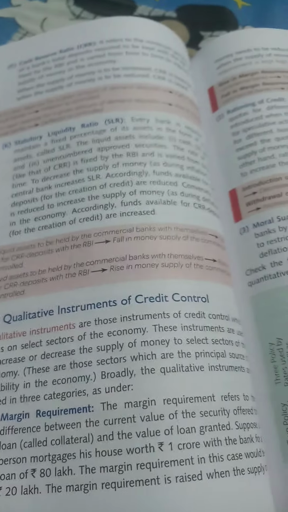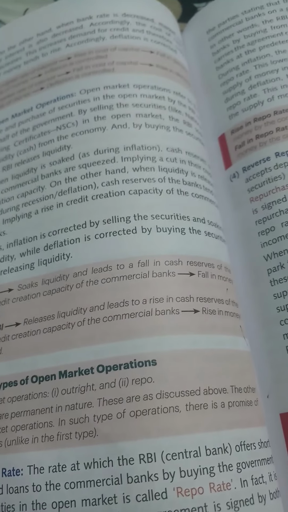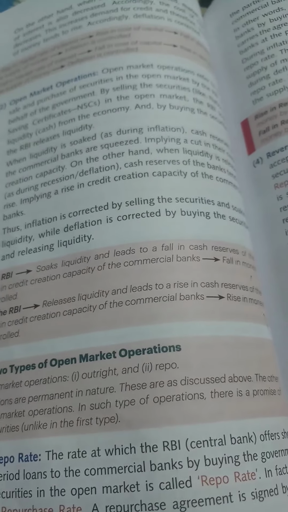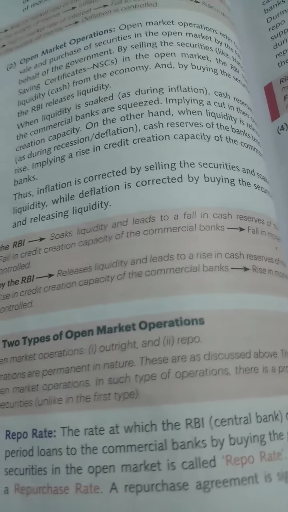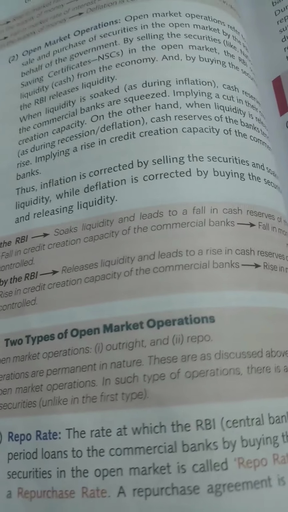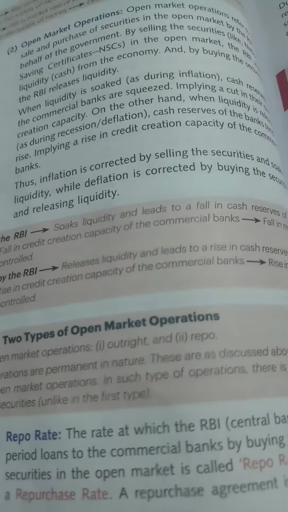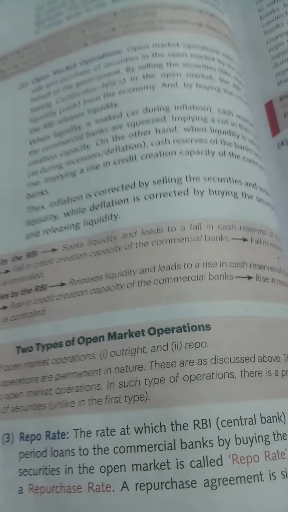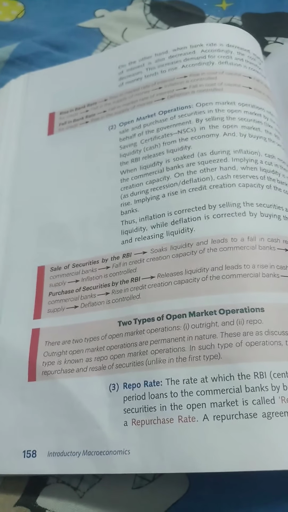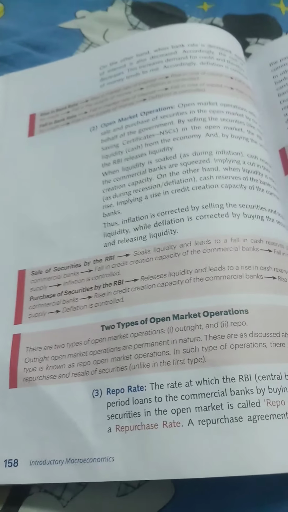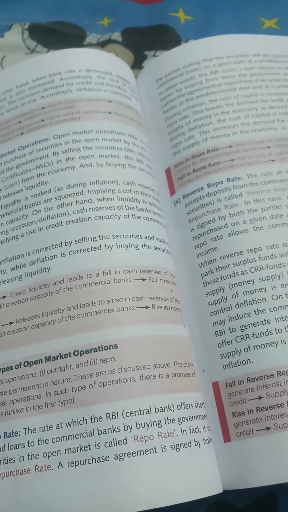The third point, after CRR and SLR, is repo rate, and the fourth is reverse repo rate. Before I define repo rate, the full name of repo rate is repurchase rate.